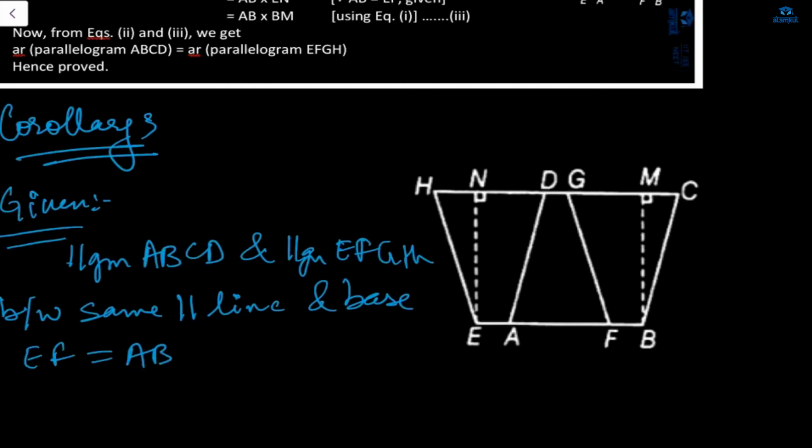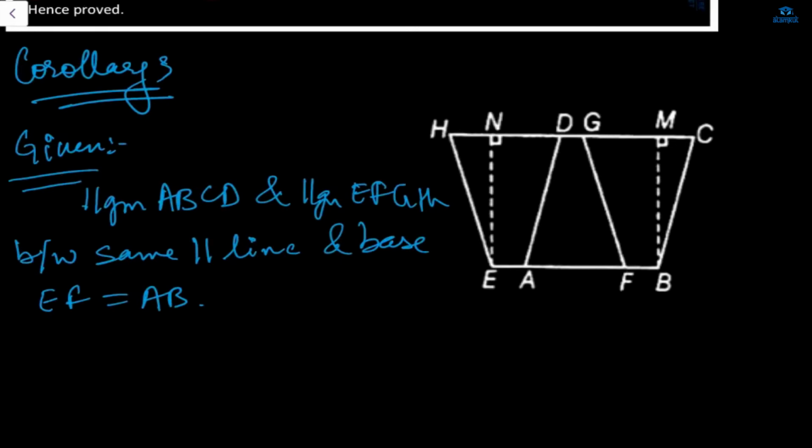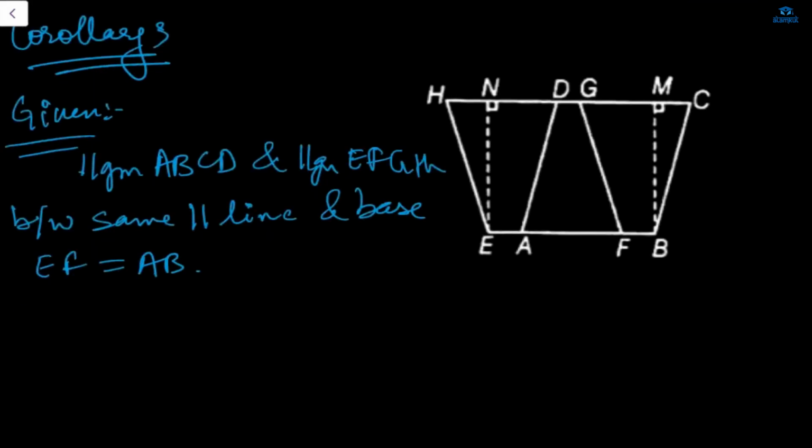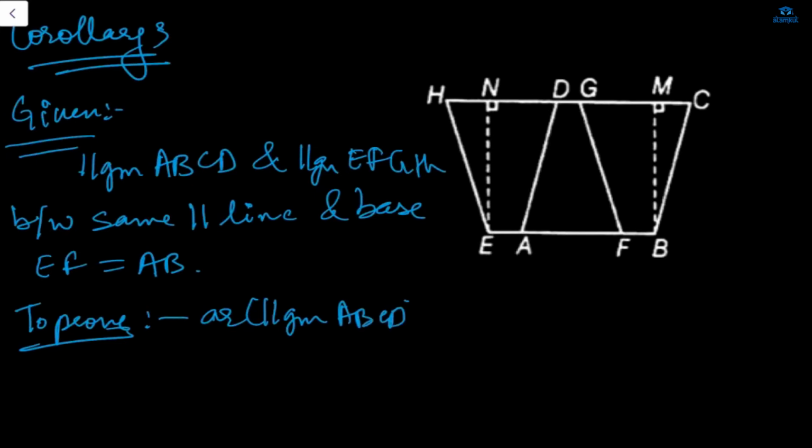So they are between the same parallel lines, and the base AB is equal to EF. We need to prove that the area of parallelogram ABCD is equal to the area of parallelogram EFGH.